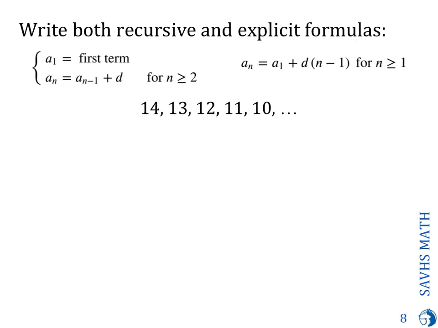Right below where you wrote your labels of all those formulas and everything, I want you to try this problem. I want you to write the 2 formulas for this sequence. So what you need to do is identify A1, which is the first term, and D, which is the common difference.